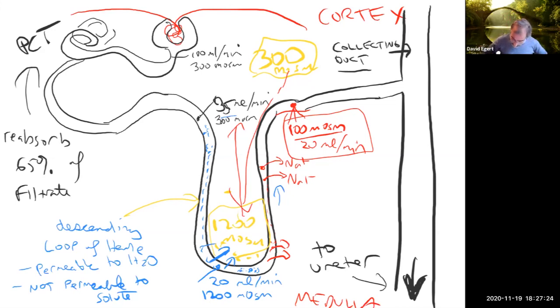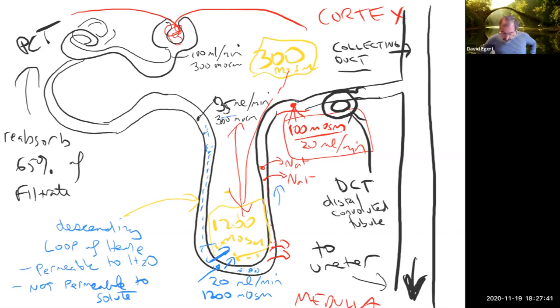Oh, and I forgot, this is the DCT here, the distal convoluted tubule. The distal convoluted tubule has more secretion as well as some absorption.